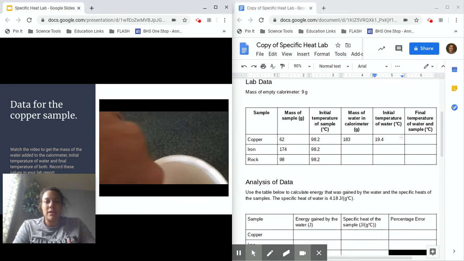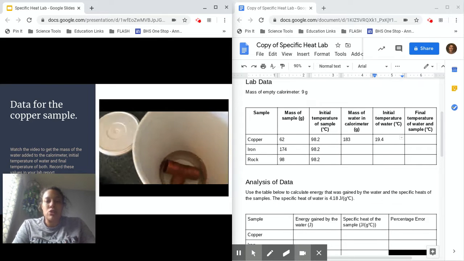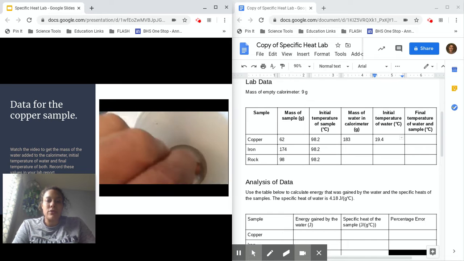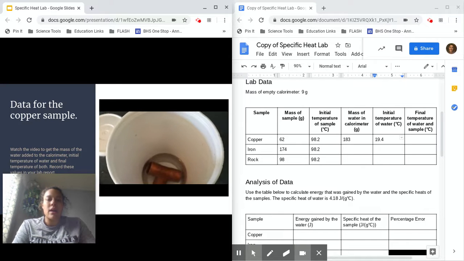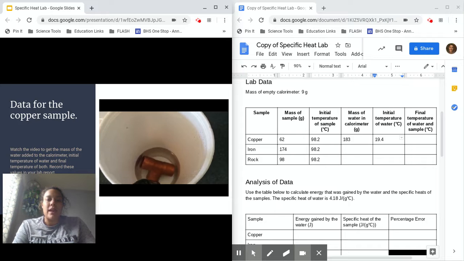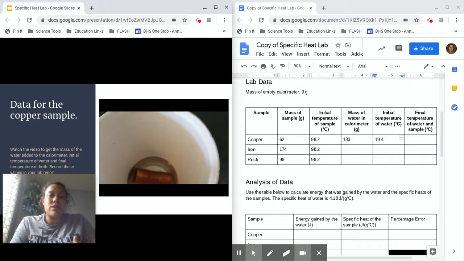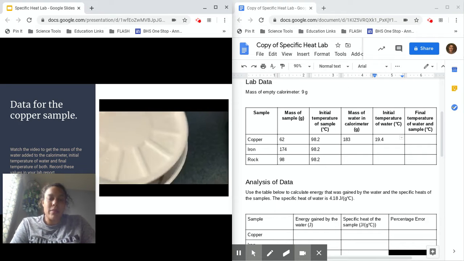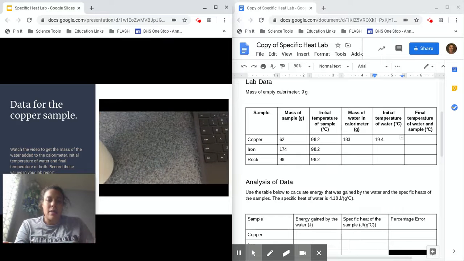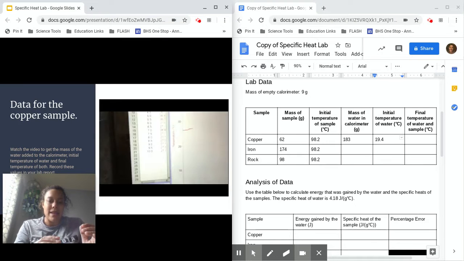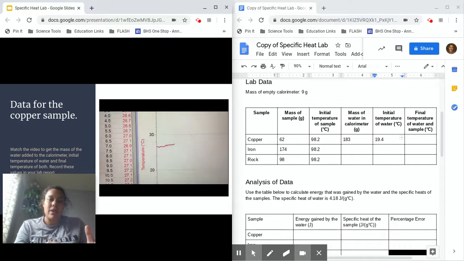In order for us to get a good final temperature reading for those 2 samples, you have to mix them together, swirl them around, shake them around so that it can reach what is known as thermal equilibrium, or when the heat between two objects balances out and it becomes even.